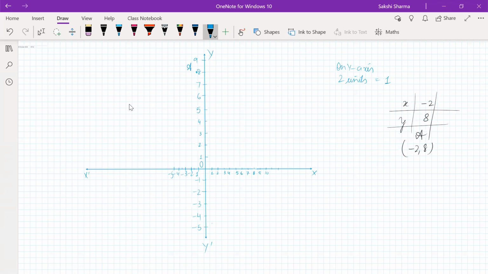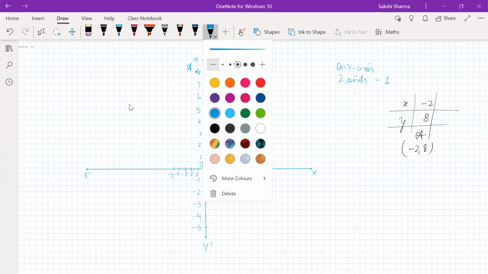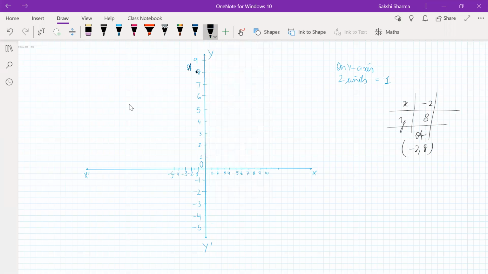This will be point A. Change the color so you can see. This is point A. Oh, this will be in the next column. Over here.